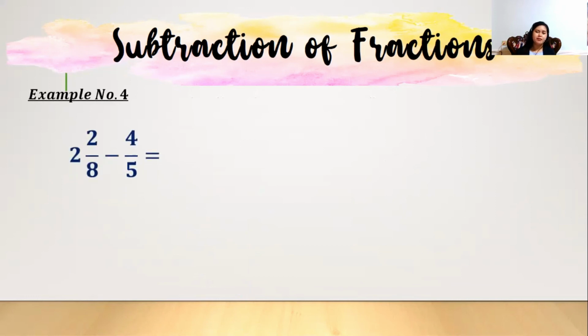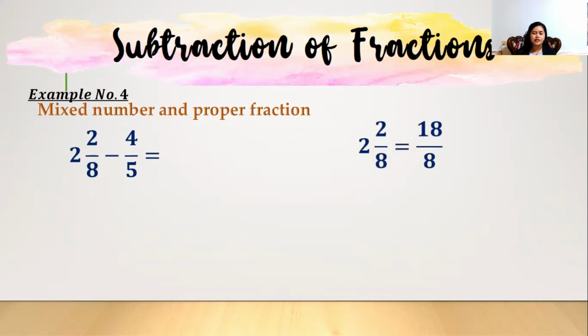Okay, another example is subtracting a mixed number and a proper fraction. It's the same process. If we have a mixed number, we need to change it into its corresponding improper fraction, and then later you look if the two fractions are similar or not. For this example, we have 2 and 2/8, which is equivalent to the improper fraction 18 over 8.